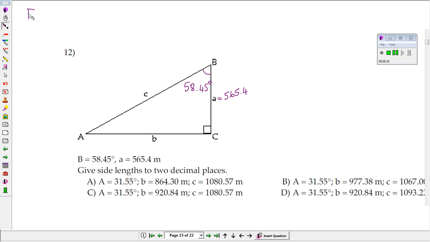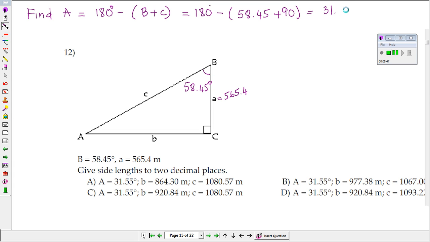The first thing we are going to do is find angle A by taking 180 degrees minus the sum of angle B and angle C. So 180 degrees minus, substituting angle B for 58.45 degrees and angle C for 90 degrees, that will give you angle A as 31.55 degrees.